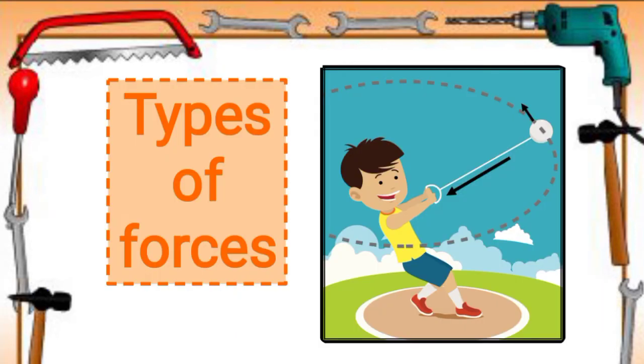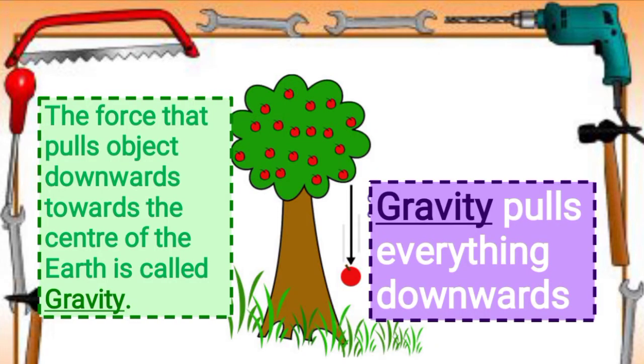In nature, there are two types of forces that are acting all the time, namely gravity and friction. Gravity is the force with which objects are pulled downwards towards the center of the earth. For example, what happens when we throw a ball up into the air?